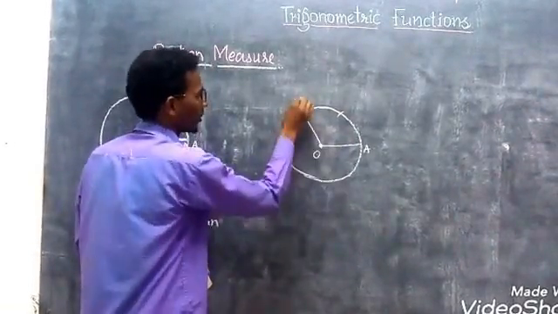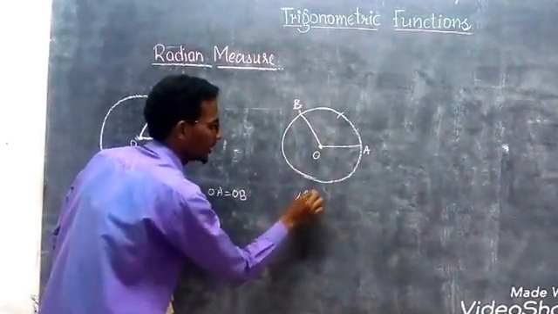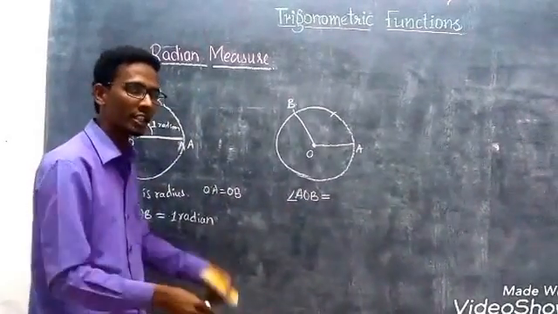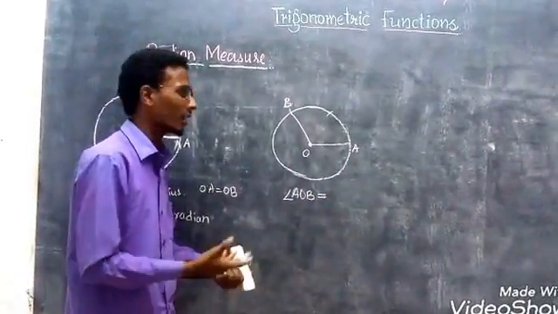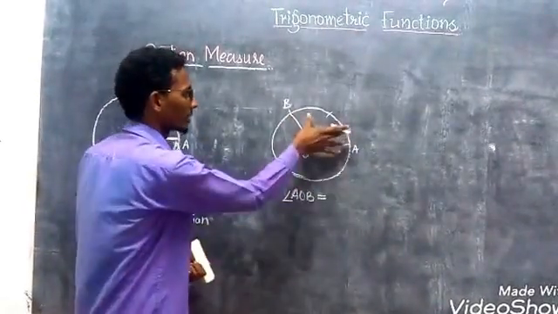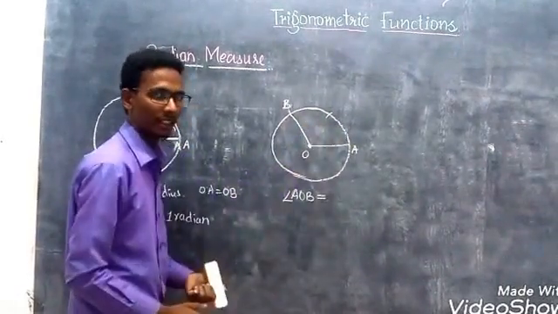Angle AOB is the angle subtended by an arc of length twice the radius OA.